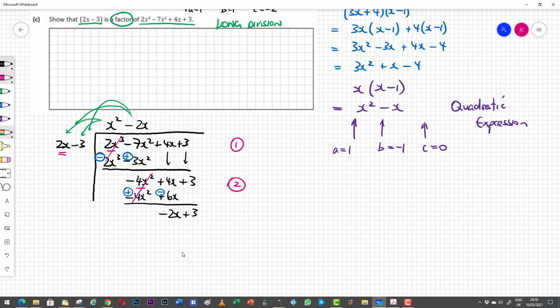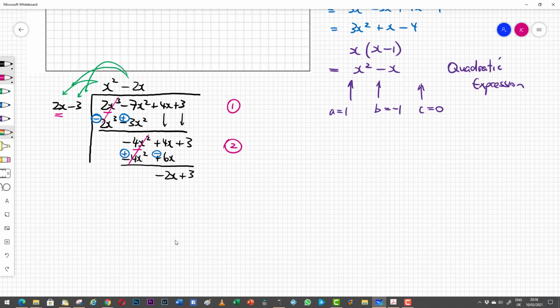So I'm going to do it one more time. So give myself one last bit of space. And we're going to divide 2x into minus 2x. So 2x into minus 2x goes minus 1 time. I'm going to multiply the minus 1 by the 2x to give me minus 2x.